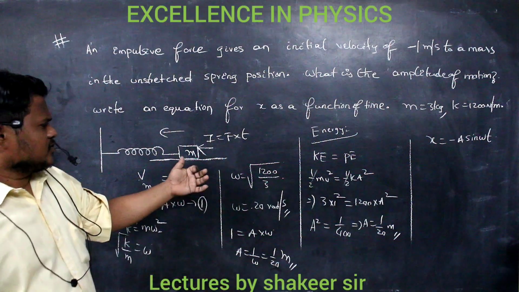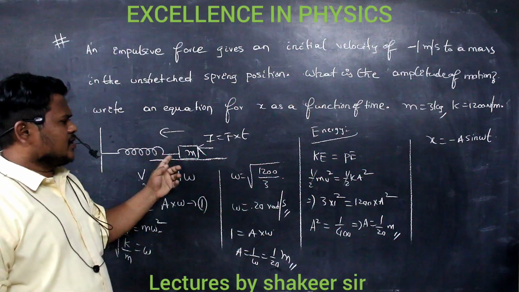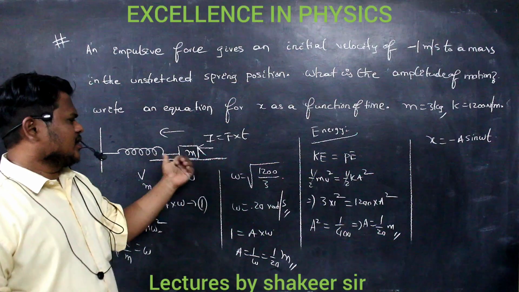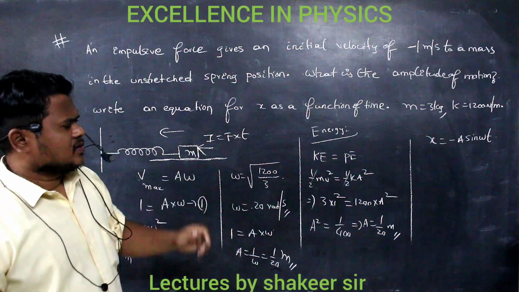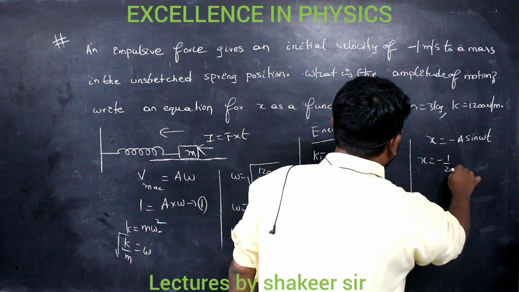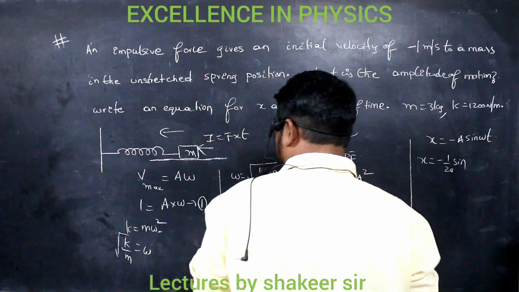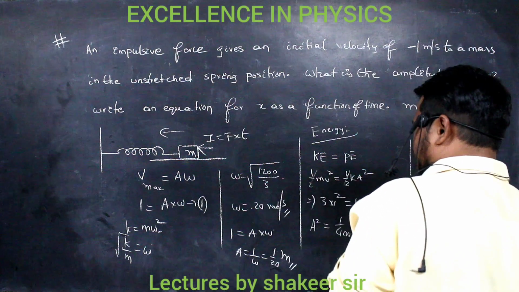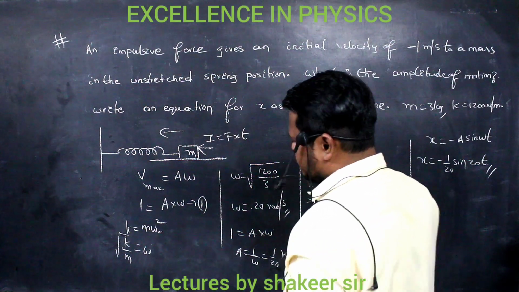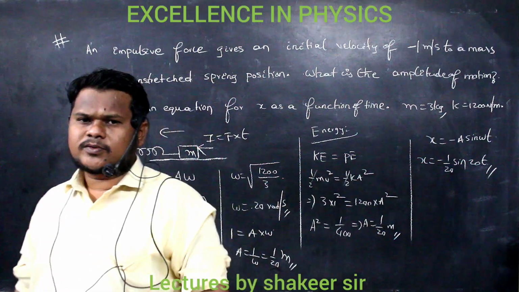Because the body is traveling towards the negative extremity, so it should already have covered an angle of 180 degrees. So now we are writing this value with a minus. So x is equal to, amplitude is 1 by 20, sine, and omega value is 20. So 20t. So this is our equation for displacement with respect to time.